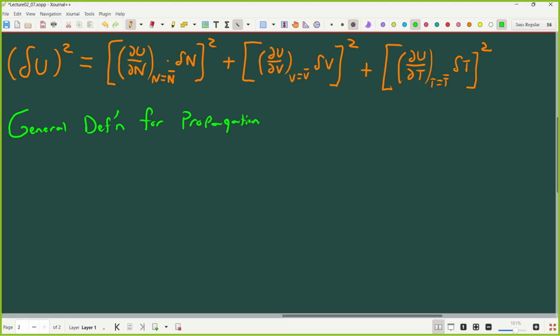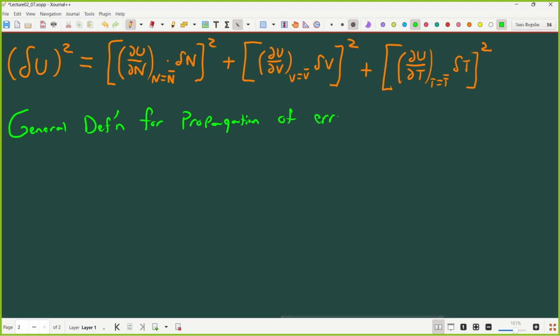When I say propagation, what I mean is I'm taking each of my individual errors and adding them together as squares. We have a nomenclature for this process: propagation of errors. All right, so let's define it very generally.